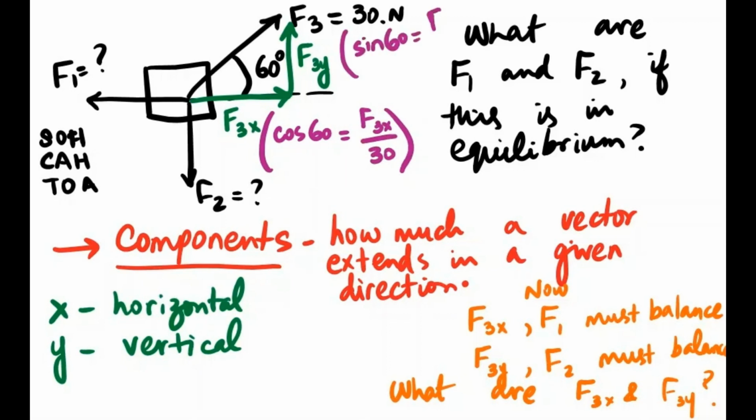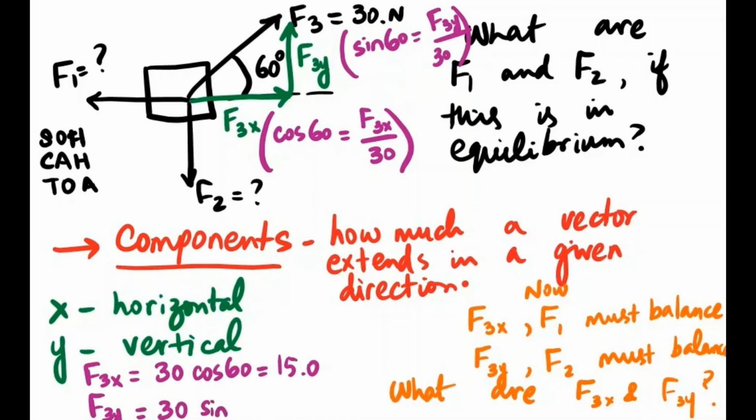Similarly, for F3y, I'm going to use the opposite side, and that's the sine function, and solve it for the unknown side, F3y. So if I plug in the numbers in the calculator and solve it, I can get 30 cosine of 60 is 15. For F3y, I will get the y component as 25.9.